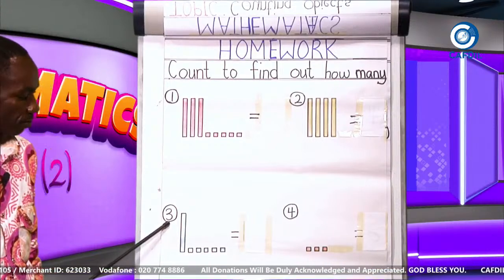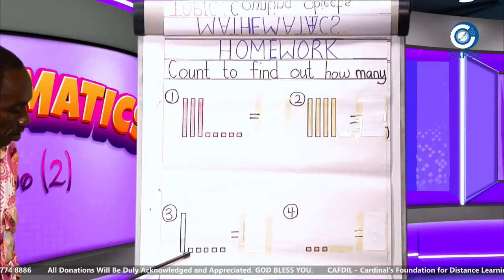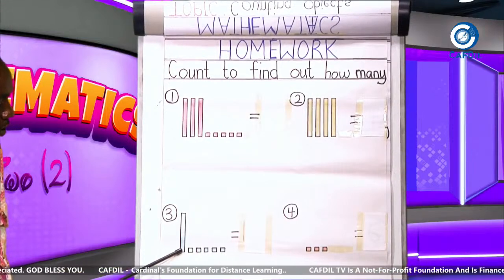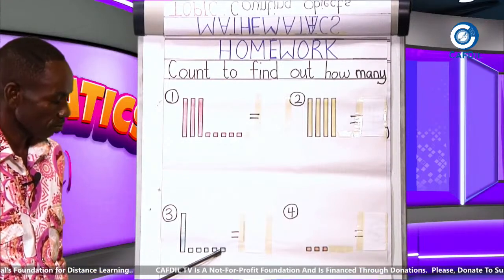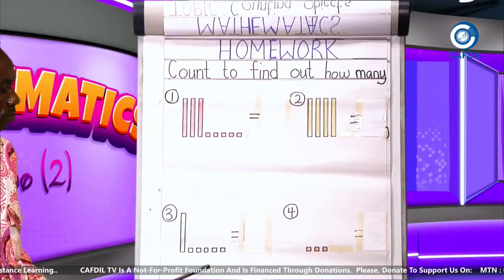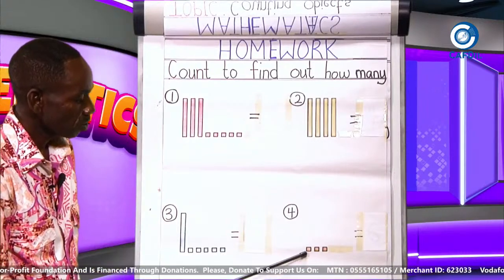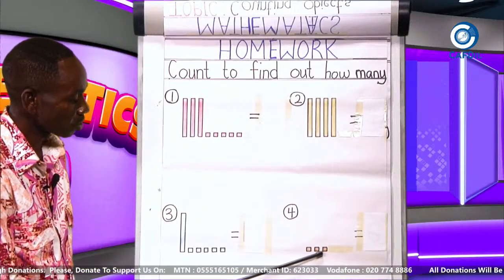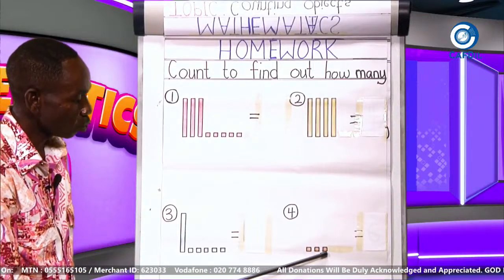Number 3, 1 long, 5 cubes. 1, 2, 3, 4, 5. 1 long and 5 cubes. Number 4. Sorry, 3 cubes. We have 3 cubes. 1, 2, 3.